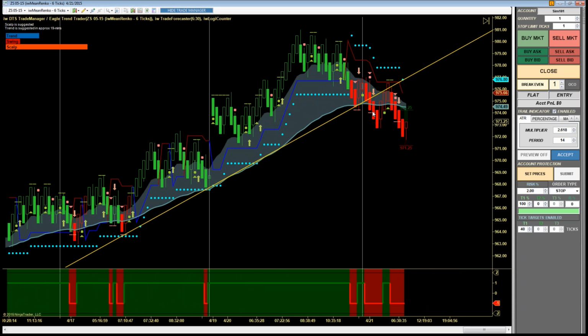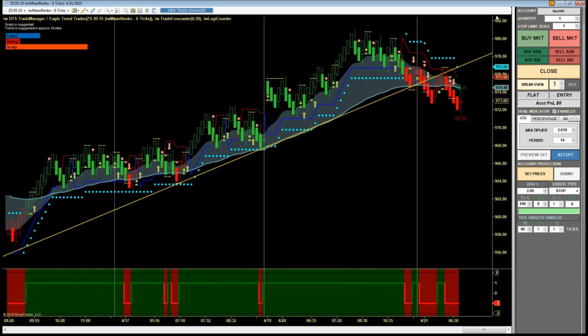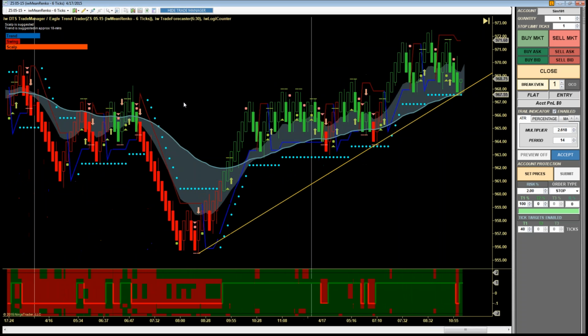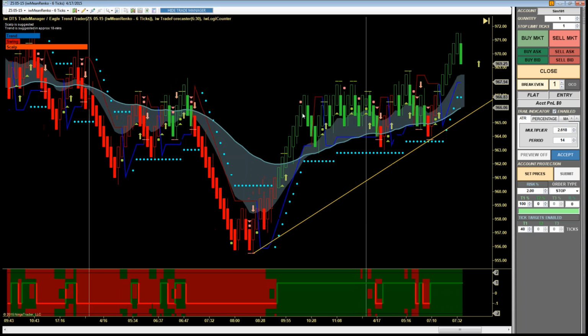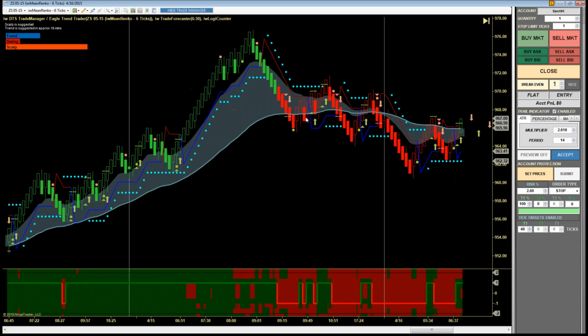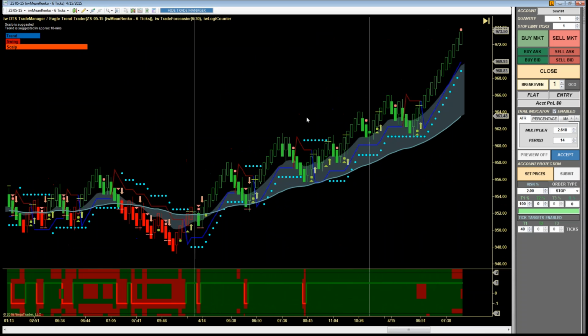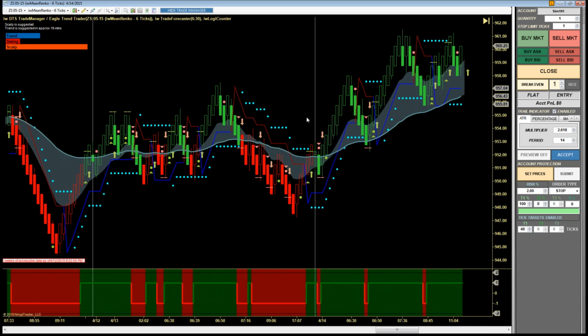Haven't really seen a decent test of the extreme yet, so I might let this react a little bit, see if it comes back with another sell signal. That might be a little bit more interesting. But you can see overall rather quiet days for soybeans. This is normally what it should look like, or even a little bit larger.